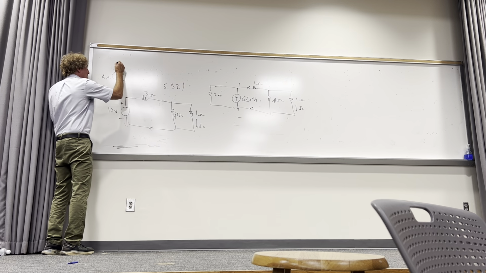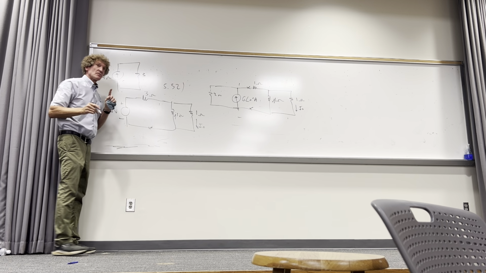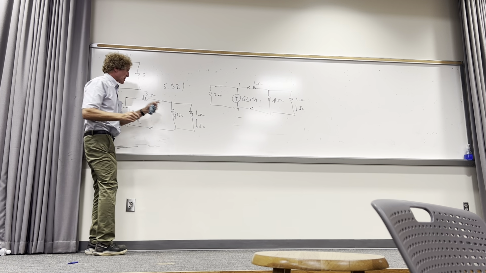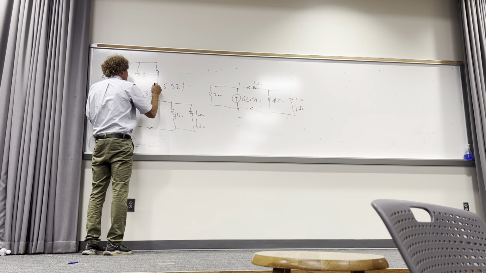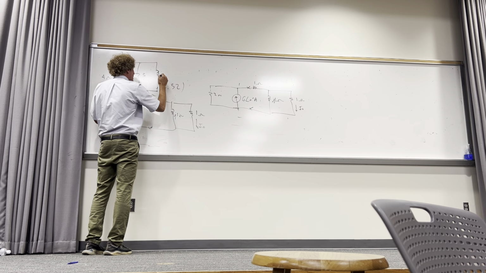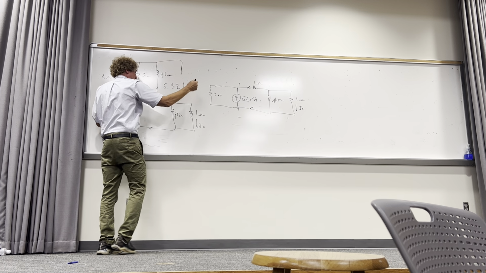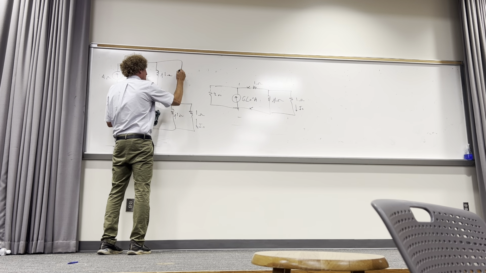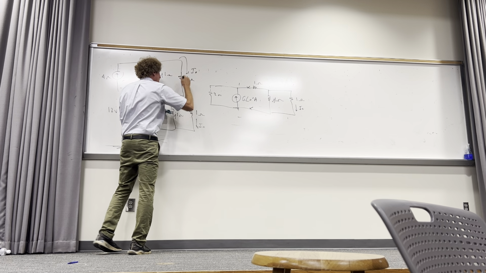And then that would be in parallel with 3. You all see what I'm up to? In parallel with J1 and in parallel with 1. This is the current they want.